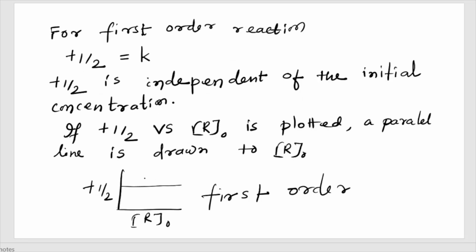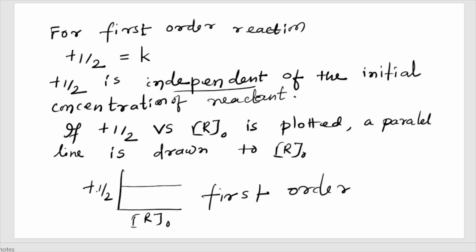Then you will go to first order. For first order, the formula is T half equals K, that is, it is independent of the initial concentration. Just now I told you T half equals K times the initial concentration of the reactant to the power 0, and that value equals 1. So T half is always independent of the initial concentration of the reactant. You should write reactant, otherwise it is not correct.